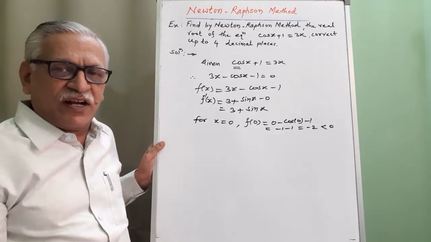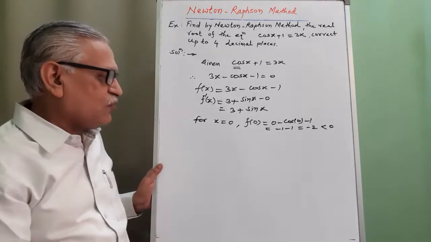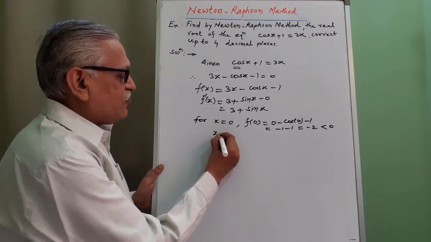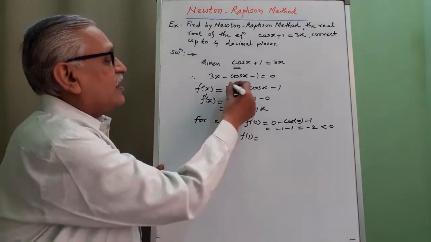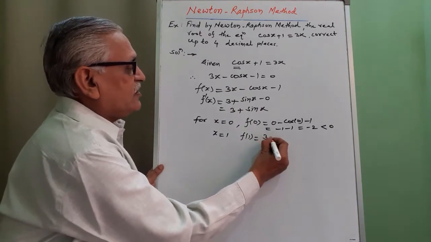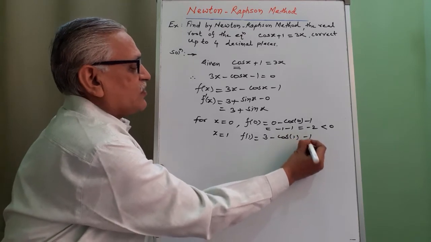Then we need to find another value for which the function has a positive sign, and therefore we check for x is equal to 1. f of 1 is equal to 3 into 1, that is 3, minus cos of 1 and minus 1.